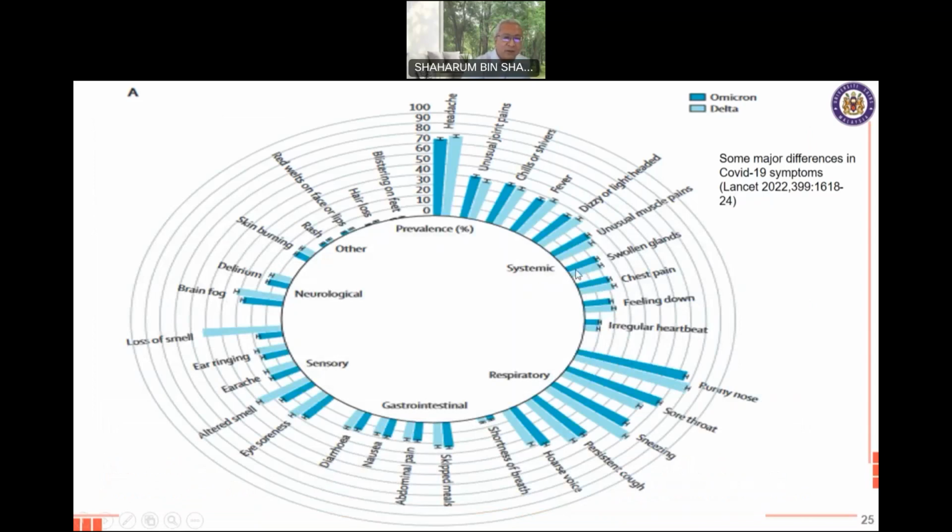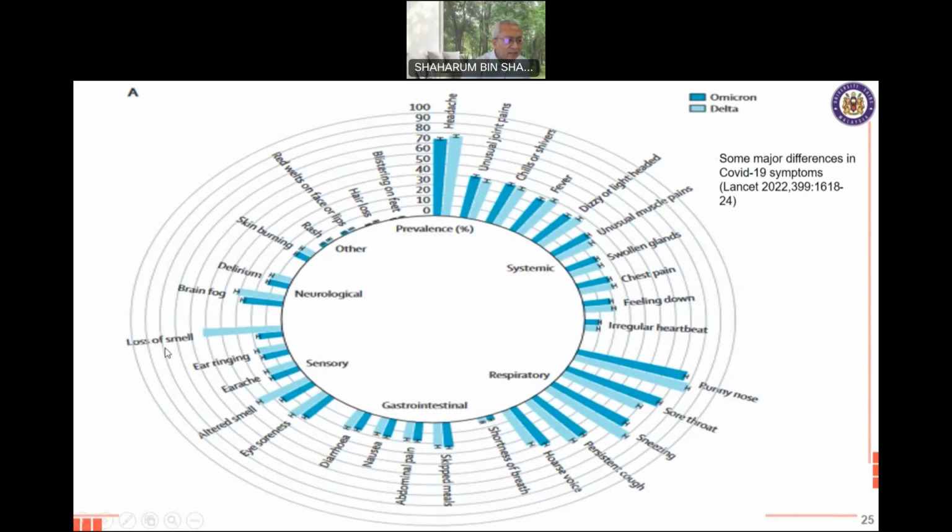This is just to show the difference of symptoms between Omicron and Delta. You can see that in most cases, the symptoms of Omicron are barely different from the Delta ones, except the loss of smell.